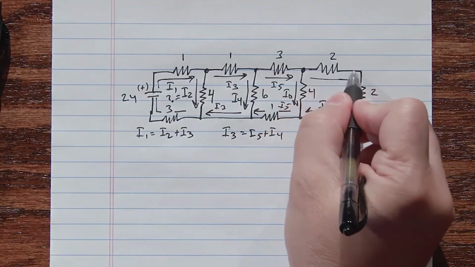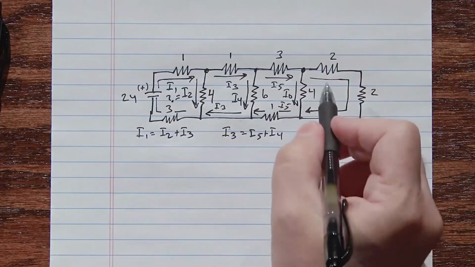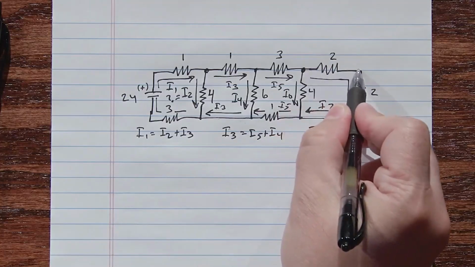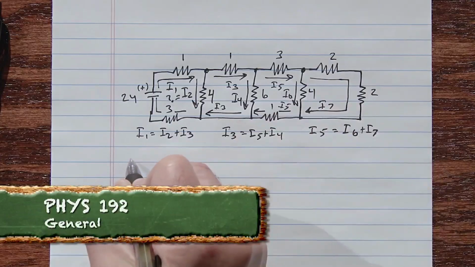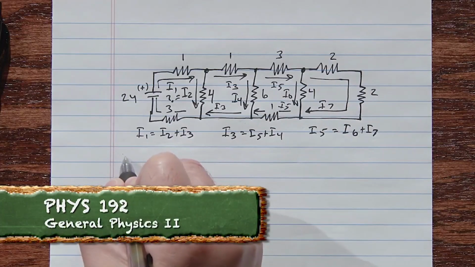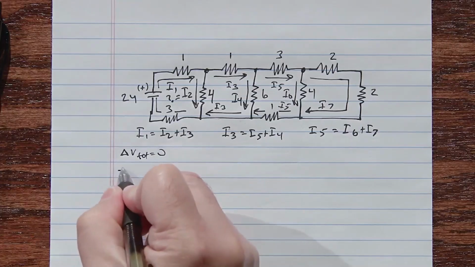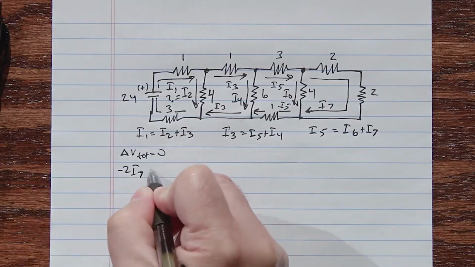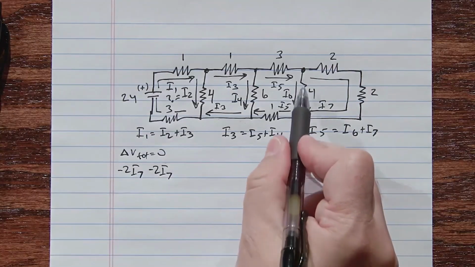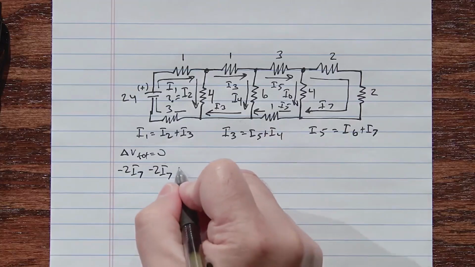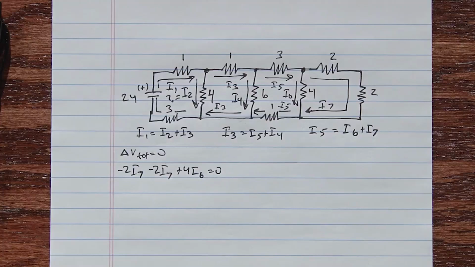If I go around this loop right here, then I have minus 2I7 minus 2I7. I'll write delta V total is equal to 0. So minus 2I7 minus 2I7, and then I'm going against the current here, so plus 4I6 equals 0.